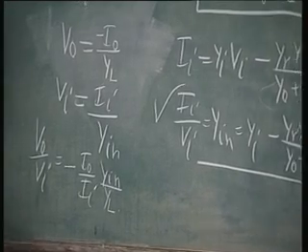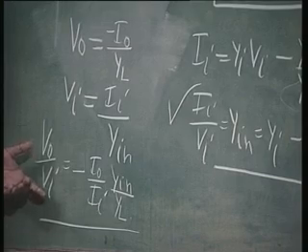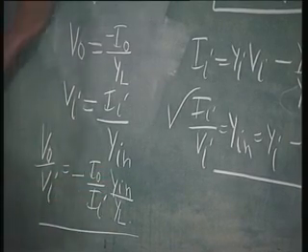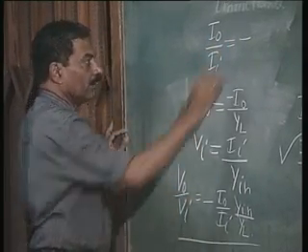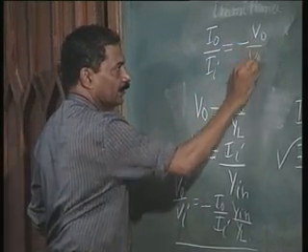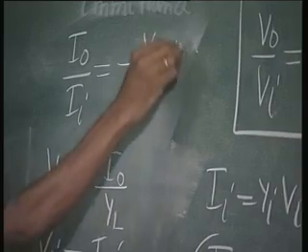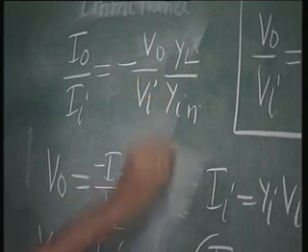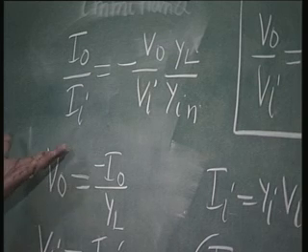Important relationship once again, that is I can either express the voltage gain in terms of current gain into Y in by YL, or now I want I naught over Ii, therefore it is equal to minus V naught over Vi into YL divided by Y in. Is that clear?